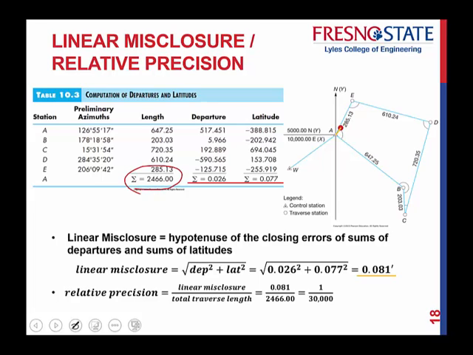So you take that total of 2466 and put a ratio to that, and you end up with about 1 in 30,000. So your relative precision is about 1 in 30,000, meaning every 1 foot of error per every 30,000 feet that you survey. That seems pretty good. The better it would be 1 in 300,000, 1 in 3 million, 1 in 30 million, whatever it is. This tells you exactly your linear misclosure and also your relative precision. So that is your calculation. That tells you how well your survey was.